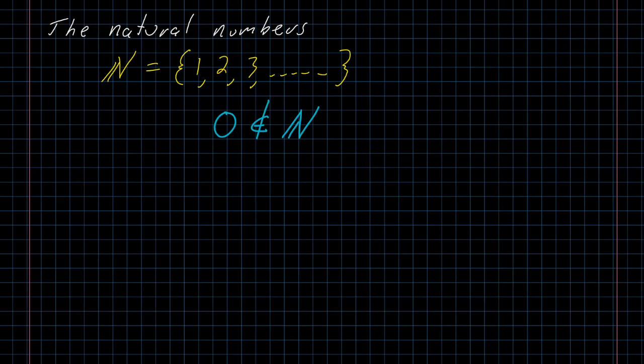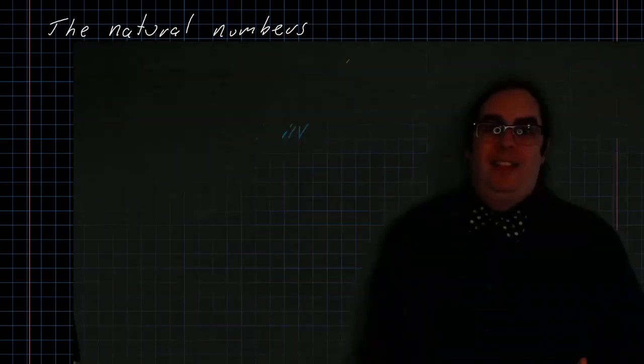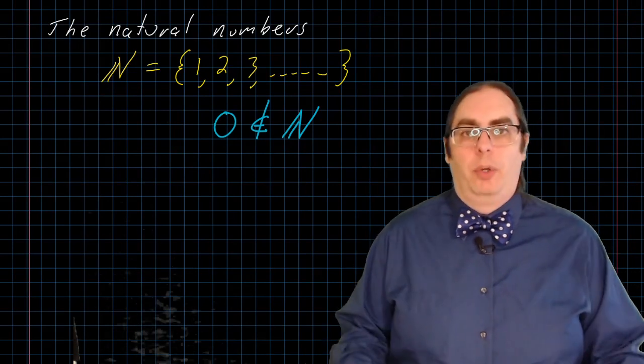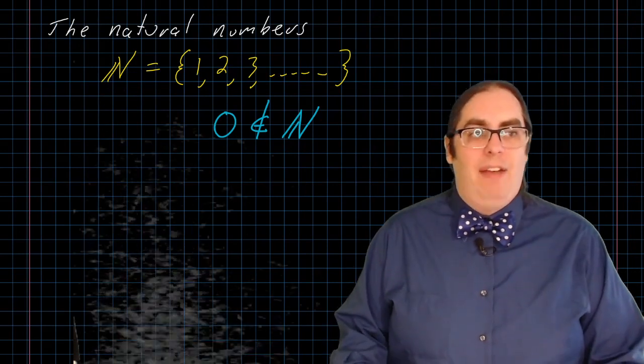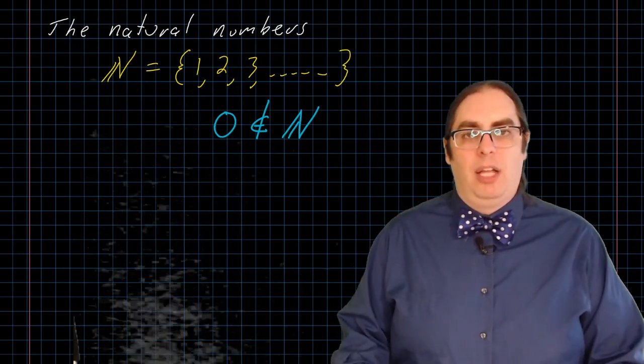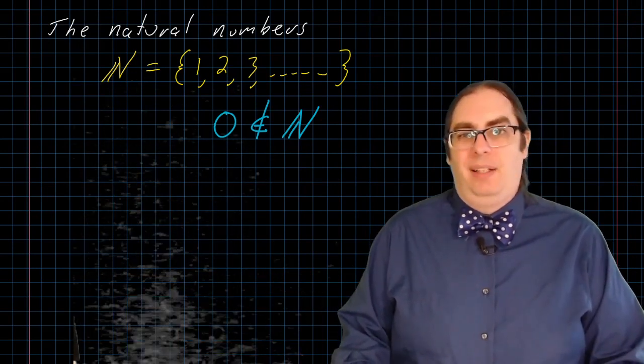There are some applications where talking about 0 as a natural number makes the natural numbers more useful. There are some applications where talking about 0 as a natural number makes things messier. And it happens that for what we're going to be doing in calculus, having 0 not be a natural number is generally going to make our lives easier until we change our mind.